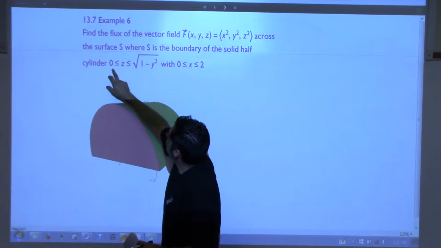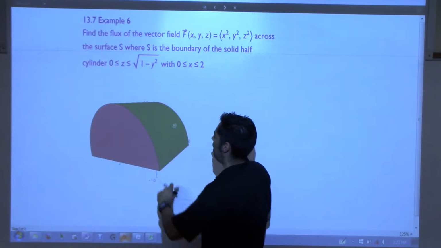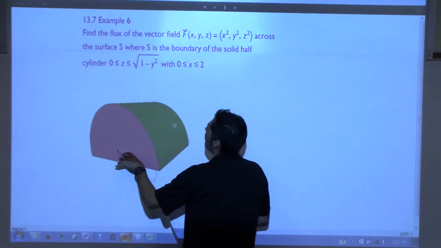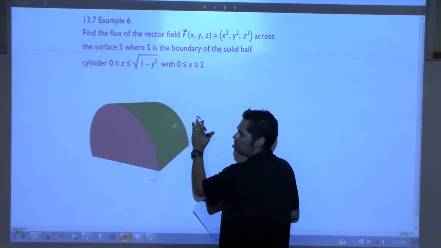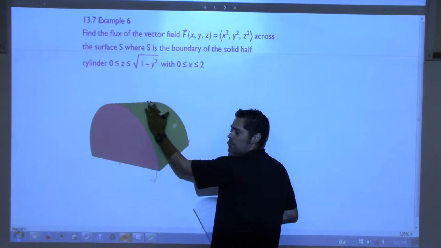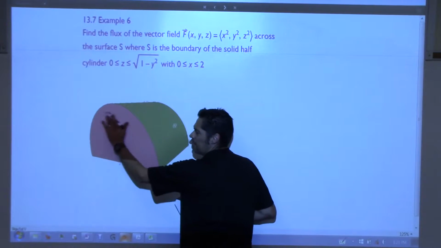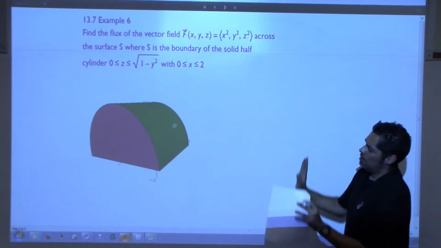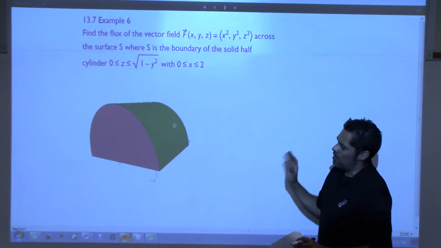Z is between 0 and root 1 minus y squared. That draws basically this and everything inside. And then our x's are between 0 and 2. So the back side of this is x is 0. The front side is x is 2. Understand? So 2 planes, the cylinder, and then we also have the bottom.